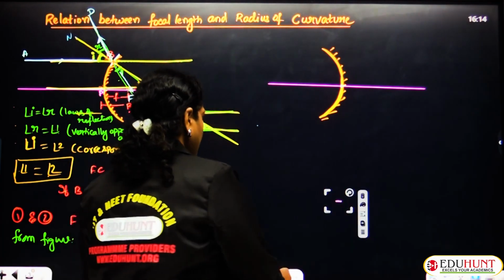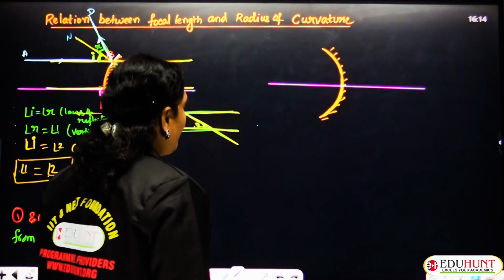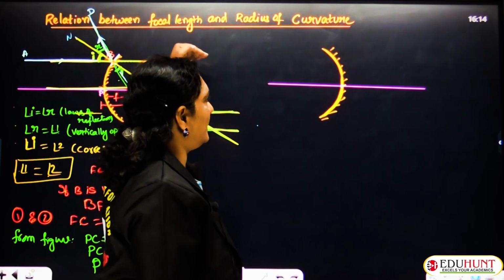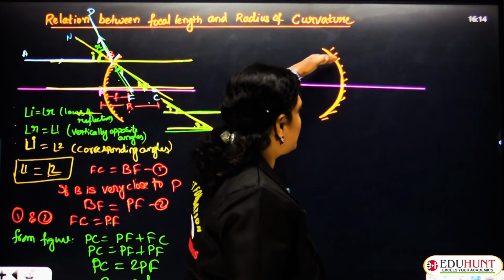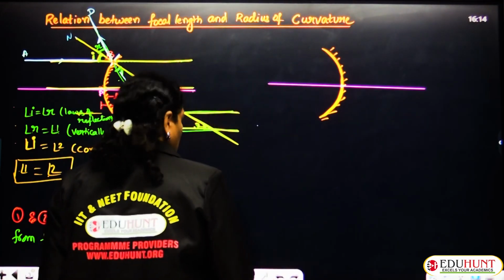Any light ray that moves parallel to the principal axis will reflect back as shown in the picture.